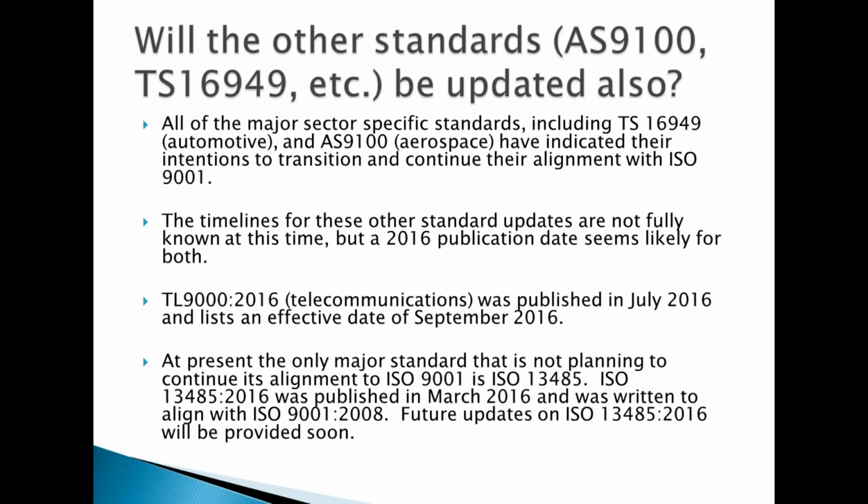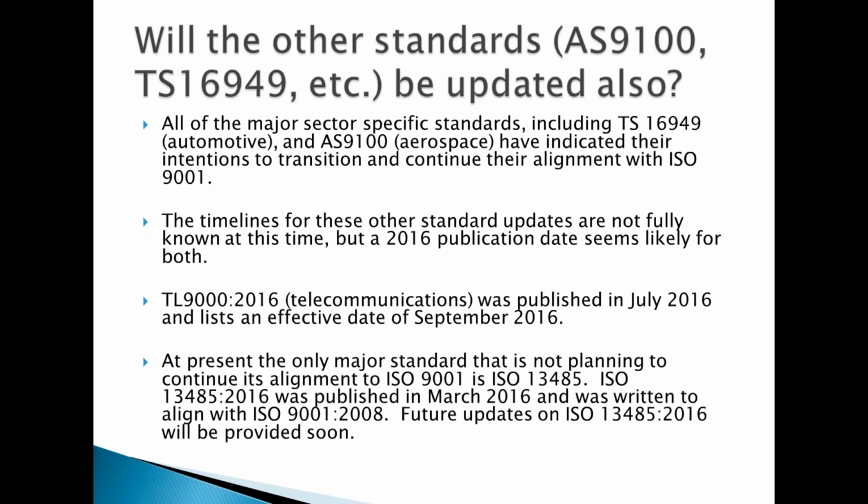Are the other standards going to be updated? At this time, we have the updated documents. I do apologize that the slide is not fully up to date, but we have in 2016 seen the publication of all three of the major sector standards, TS 16949, AS 9100, and TL 9000. All have been revised and all have been published.